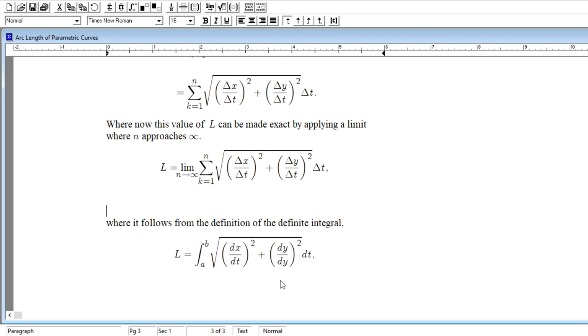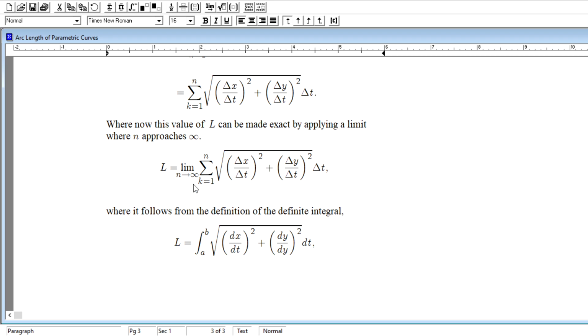And from the definition of the definite integral, right, we recall the limit of the summation turns into the integration from a to b. The delta t is going to become our dt value, and the delta x over delta t and the delta y over delta t will become the dx dt and the dy dt seen down here in this result.